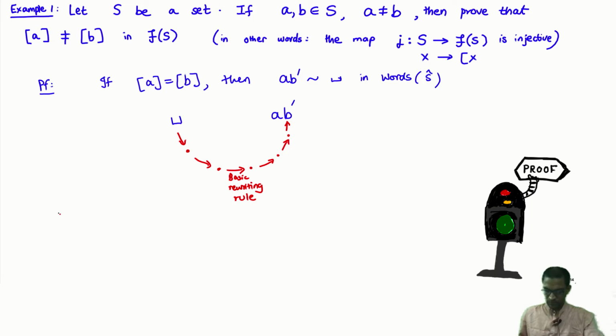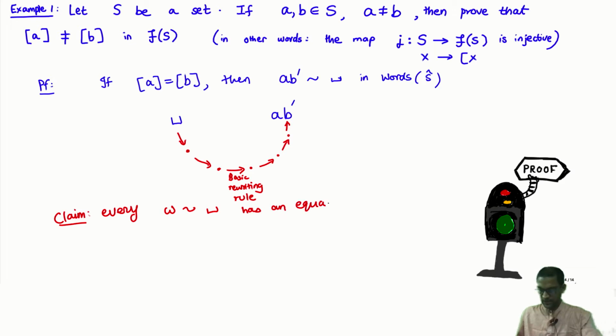So I claim that every W that is equivalent to the empty word has an equal number of A's and A primes. There should be the same number of these two in the word W.